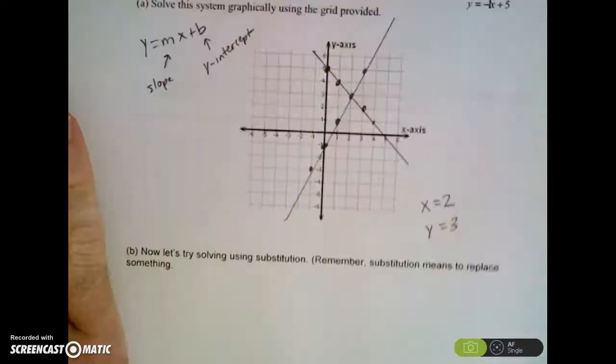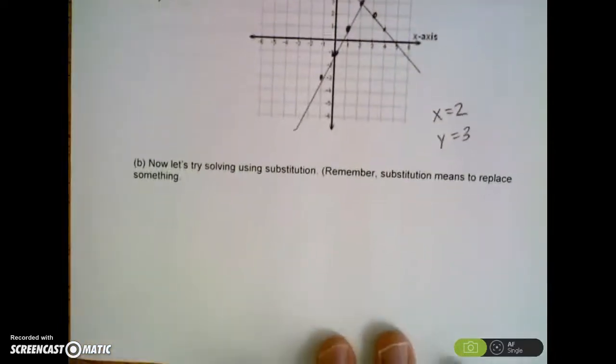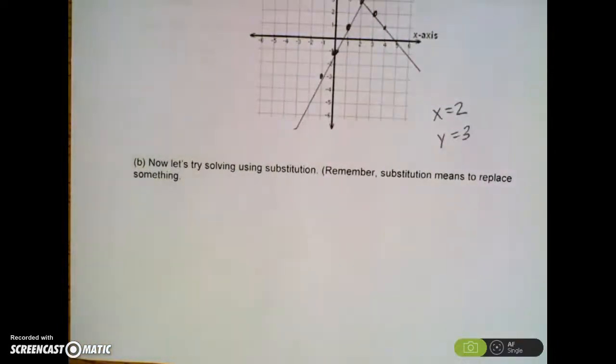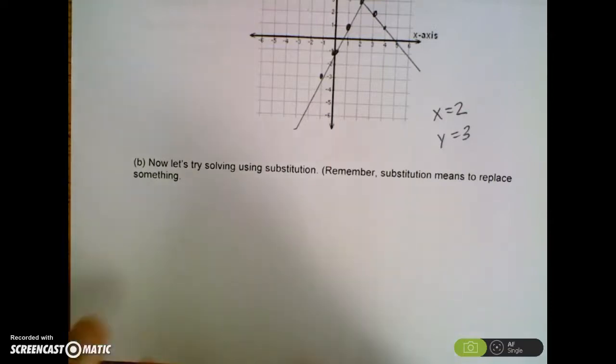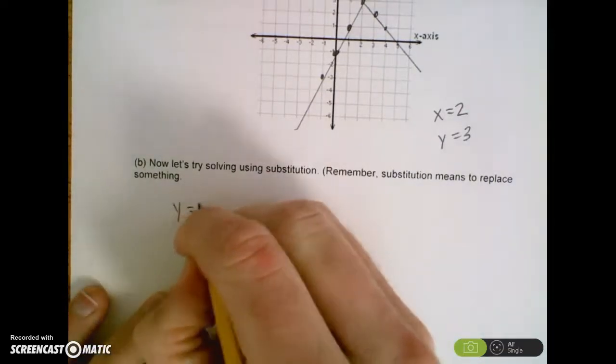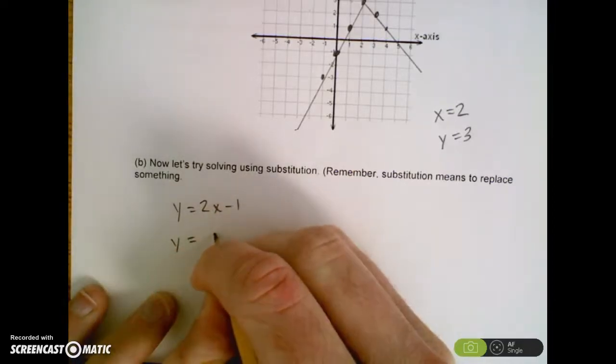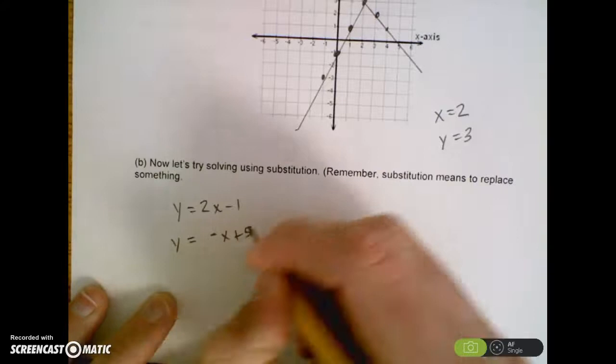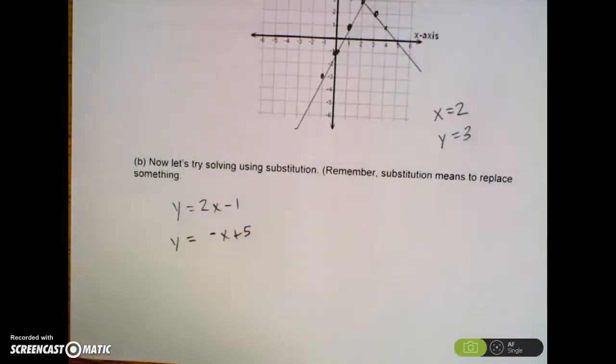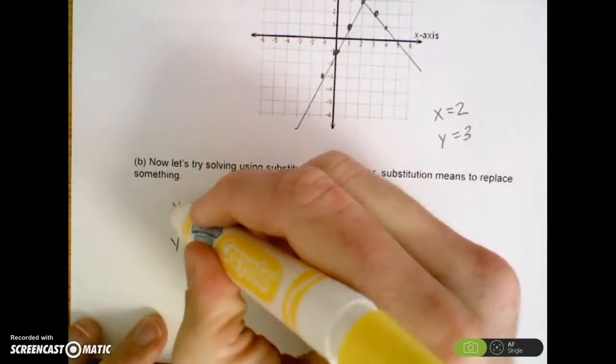So let's write down our equations. y equals 2x minus 1, and y equals negative x plus 5. Now take a look. Each equation starts with y equals.